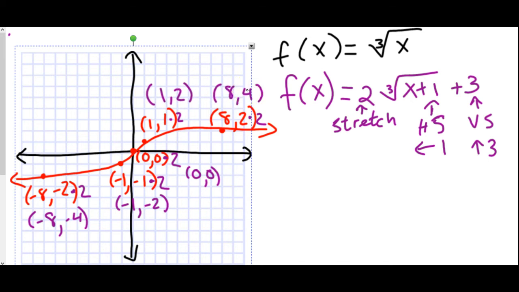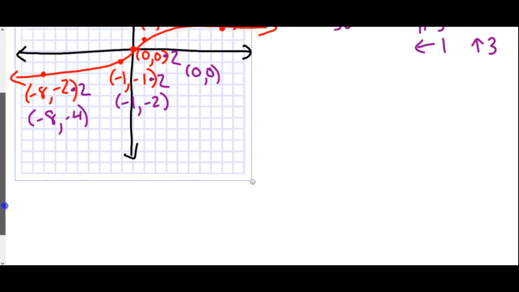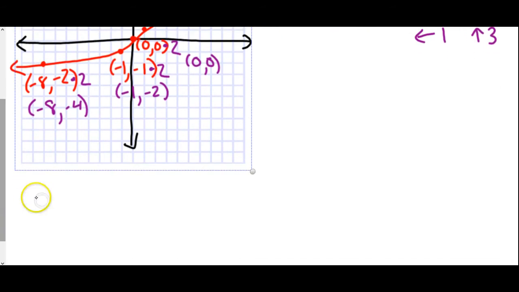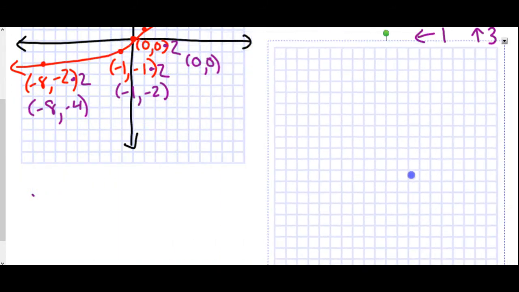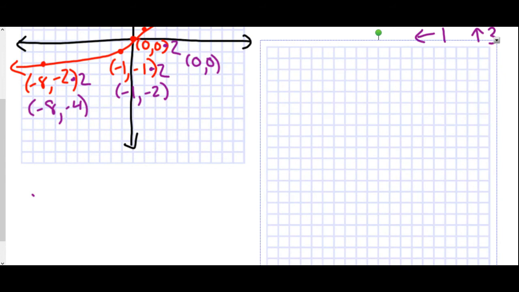So now we've got a whole lot going on in this graph already. I'm going to get another graph in here so that we can actually plot the new function without having quite so much going on.